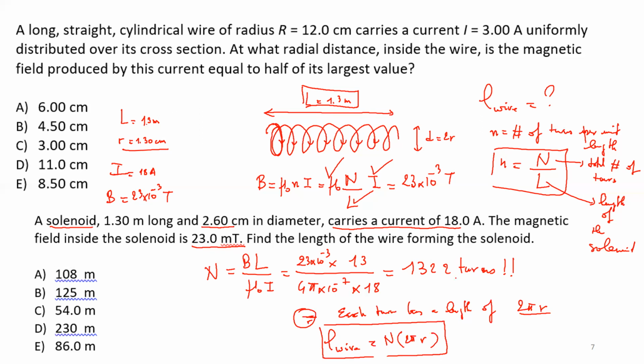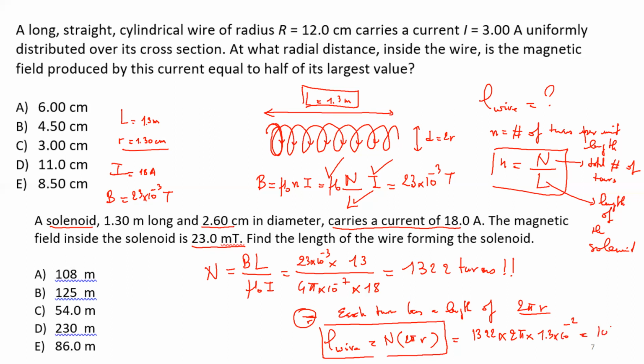Okay. Great. So what do I have? I have total number of turns, which is 1,322, and then I multiply by 2 pi r, which is the length of one turn. So 2 pi multiplied by, what is r? 1.3 times 10 to the power minus 2.